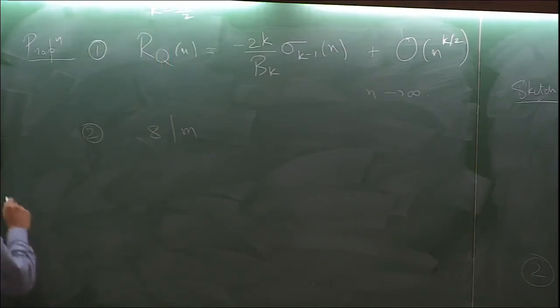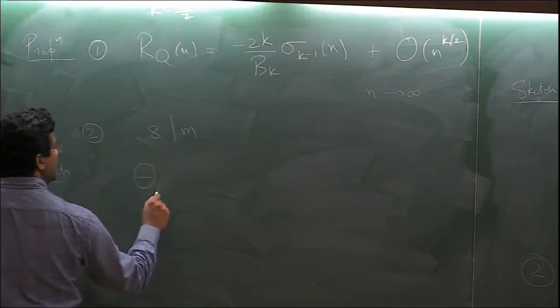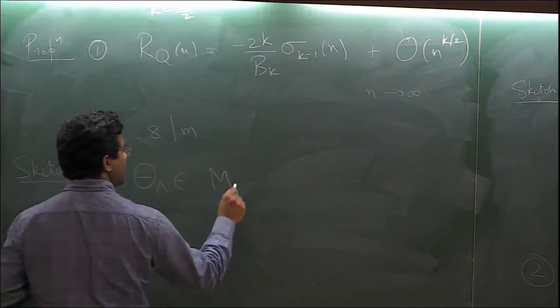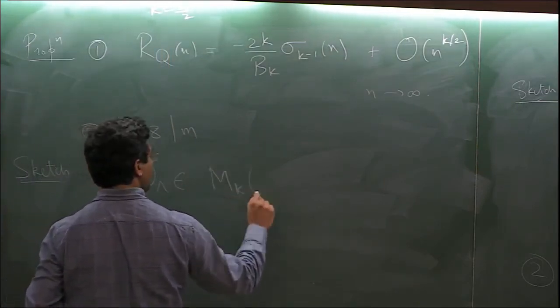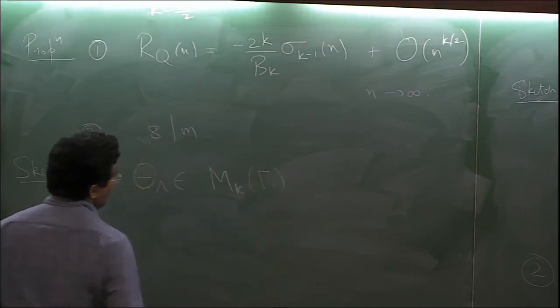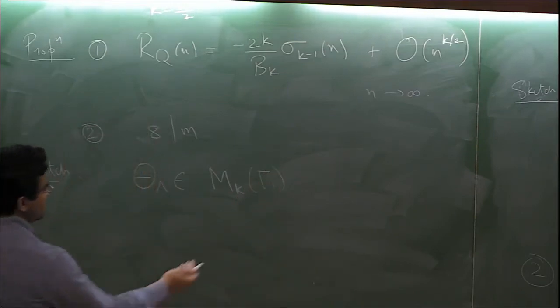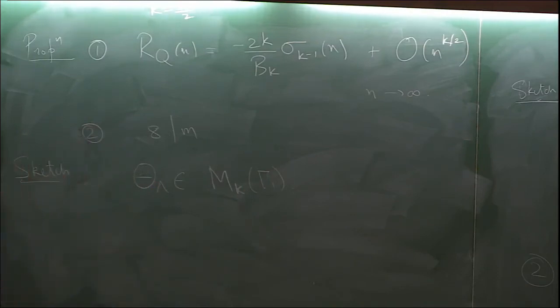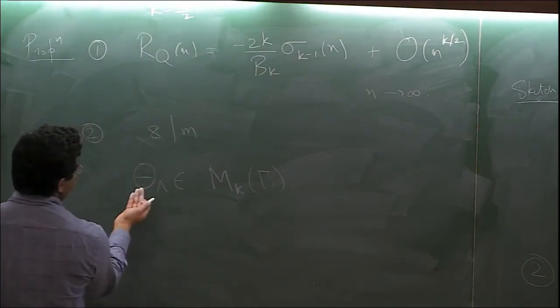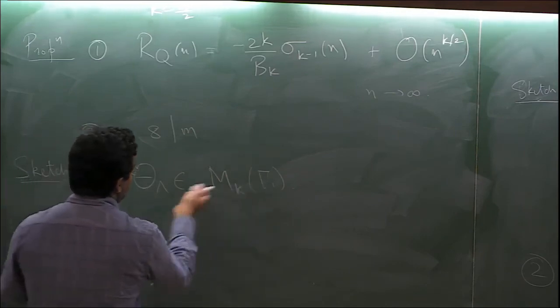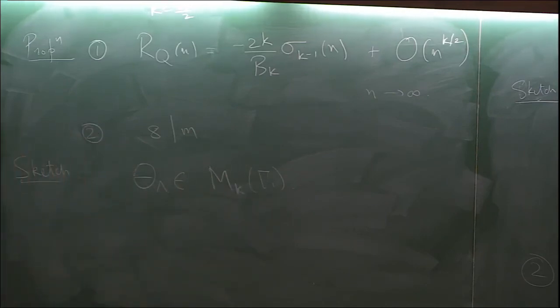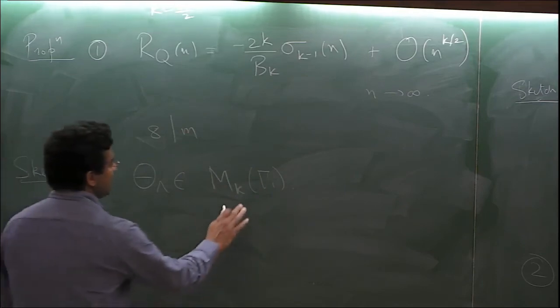So how is 1 proved? Theta lambda belongs to M_k(Gamma_1), and this has only one cusp, right? A fact which I stated very early on. So whatever the constant term of this is, you can kill it by subtracting some multiple of the Eisenstein series of weight k.